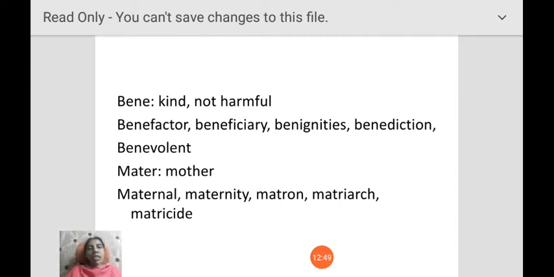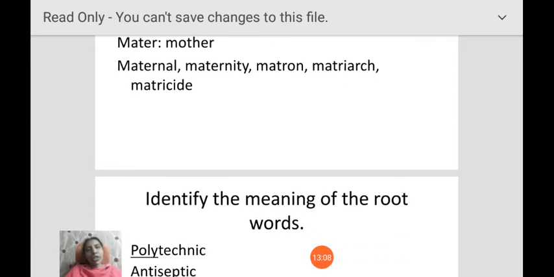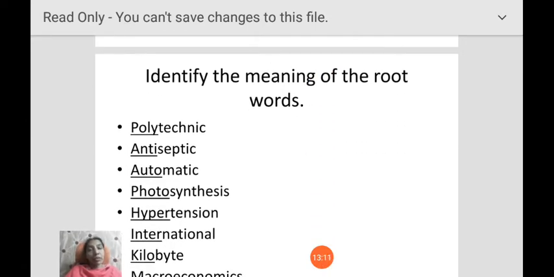Maternity is something related to giving birth, motherly thing. The mother gives birth to a child, that's why we say maternity home. Matron, a person who cares like a mother. Then matriarch and matricide, these are two words. You need to find out the meaning. That's a home assignment for you.